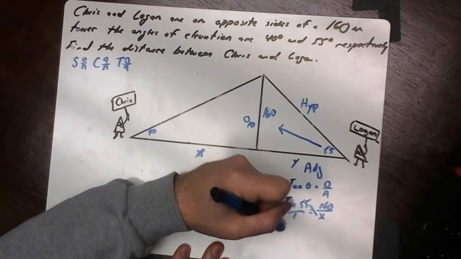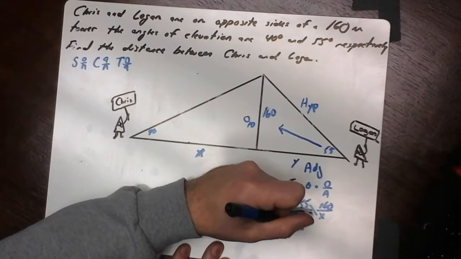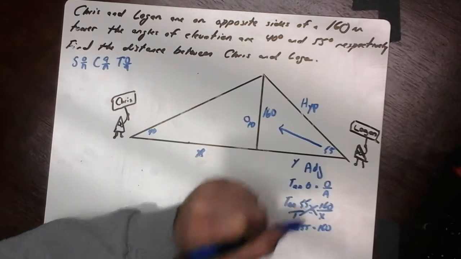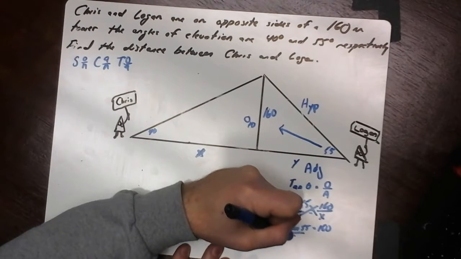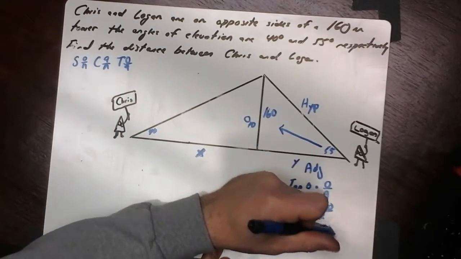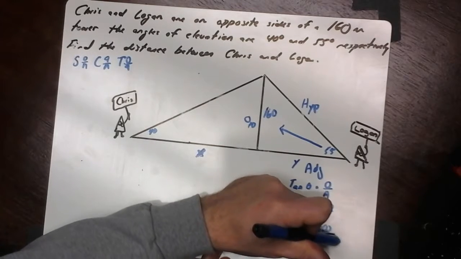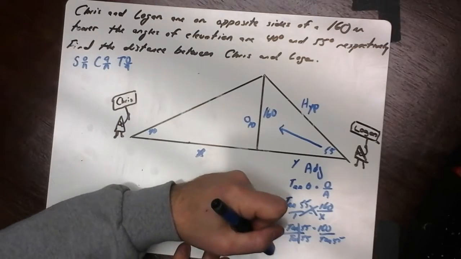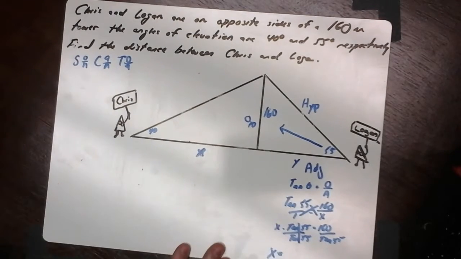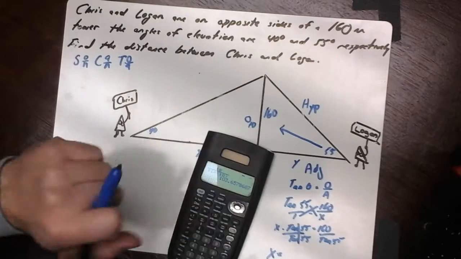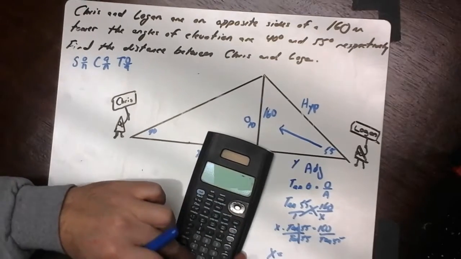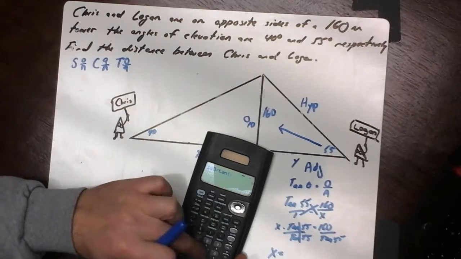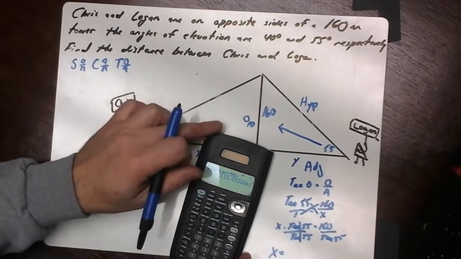X times tan 55 equals 160. When I multiply that, then I divide to get x by itself. Tangent 55 divided by tangent 55 is 1. And let's see what the calculator says the answer is. So I have 160 divided by tan 55.